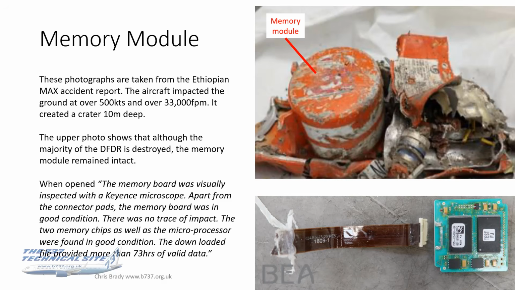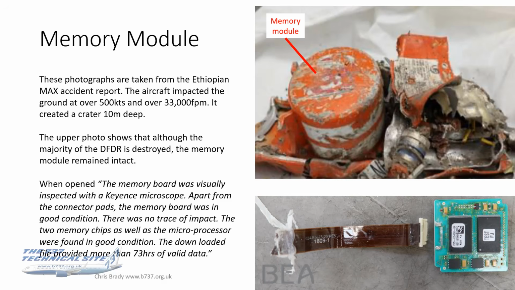Okay, these photographs were taken from the Ethiopian MAX accident report, and please understand I'm not trying to be sensationalist or gory here, and I'm aware this is a very sensitive subject, but my purpose in showing this is the survivability of that memory module.